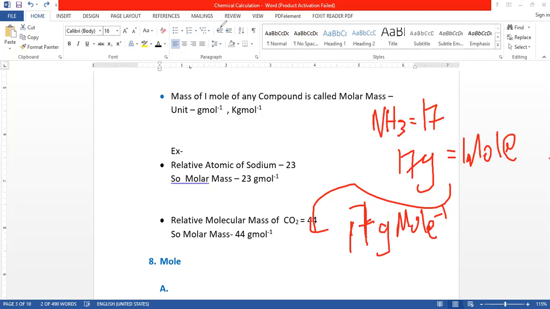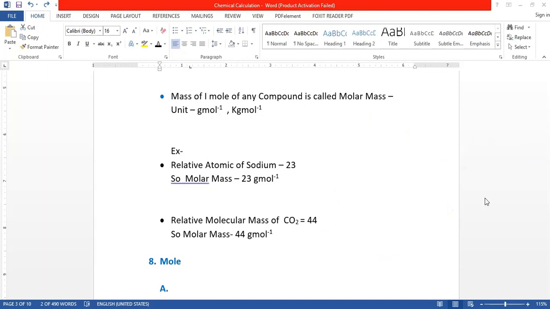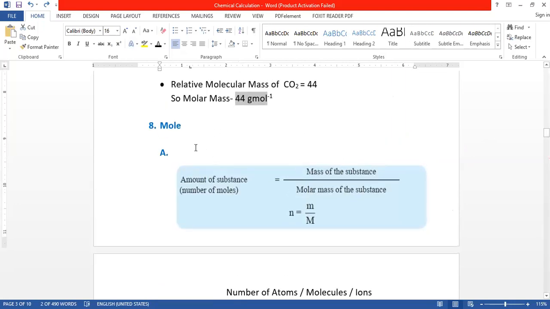Look at this one now. The next term we're going to talk about is the mole. The mole can be found. This is a very important part of this class. The mole can be found using three equations.